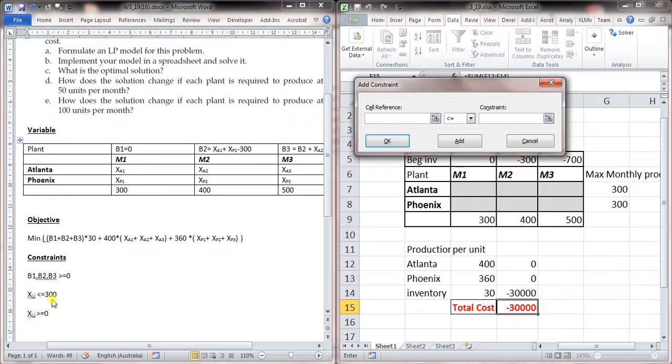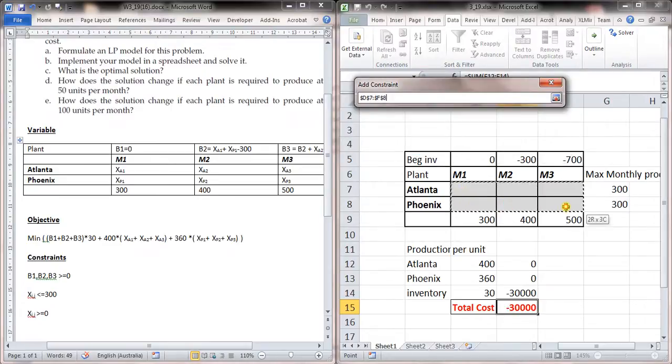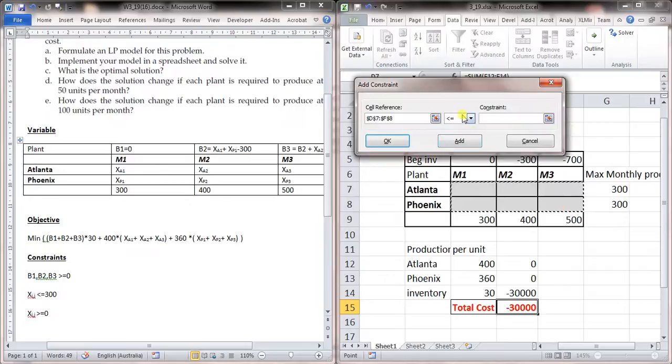Then Xij is less than or equal to 300. For reference, all of this should be less than or equal to 300.